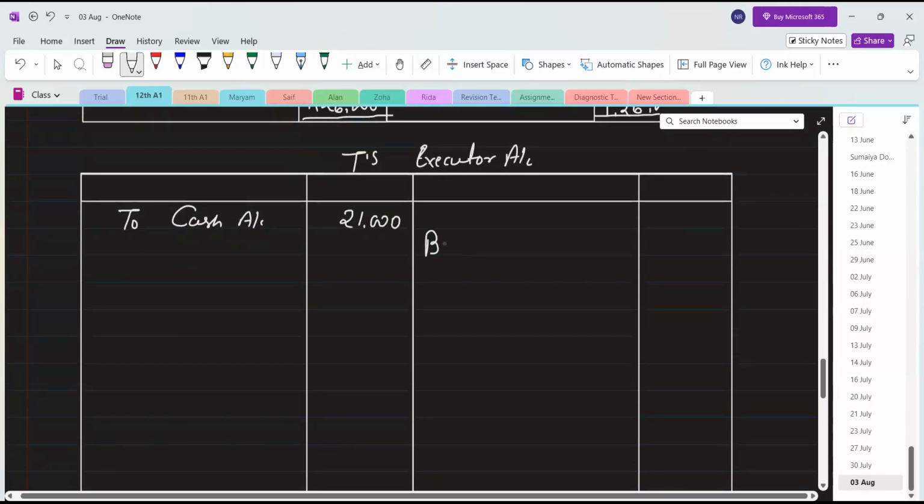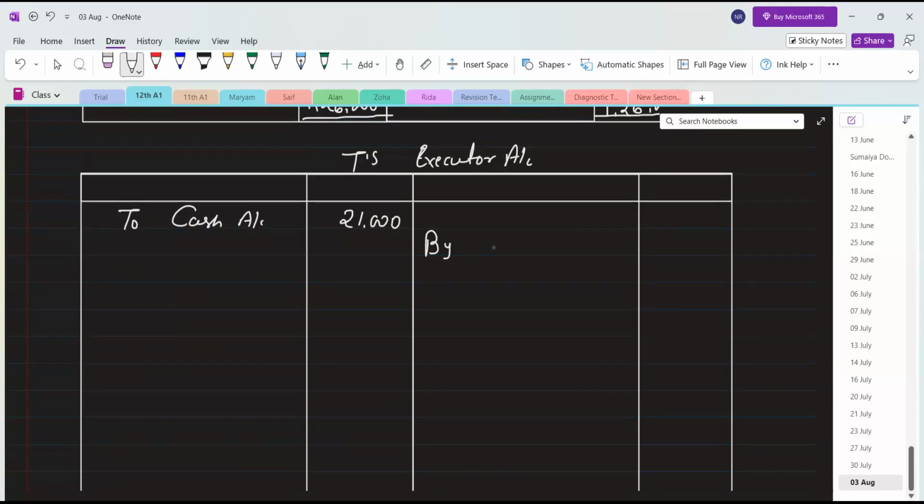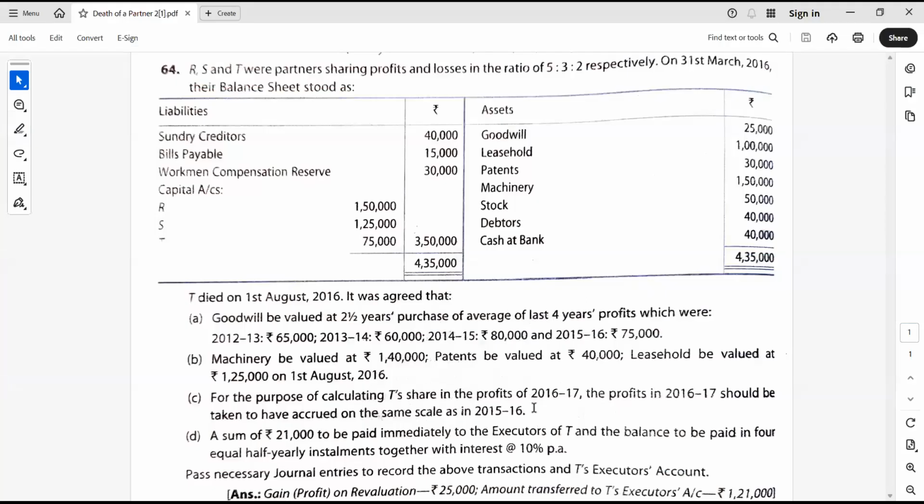From here, we are transferring from capital account. So by T capital 121. And this 121, we have paid 21,000 immediately, and the remaining balance will be paid in four equal half yearly installments. It means in 1 year there will be two payments.